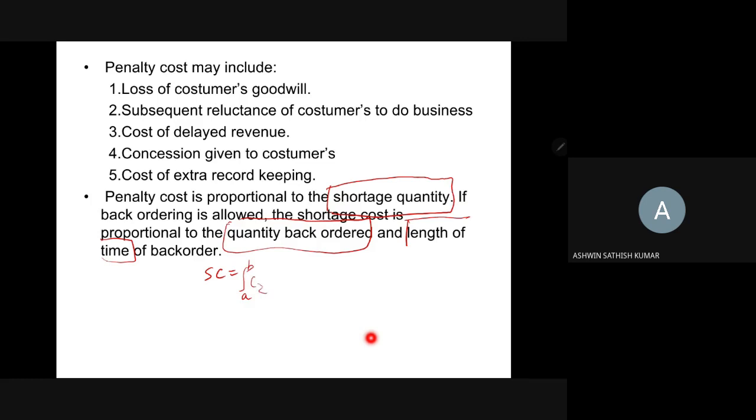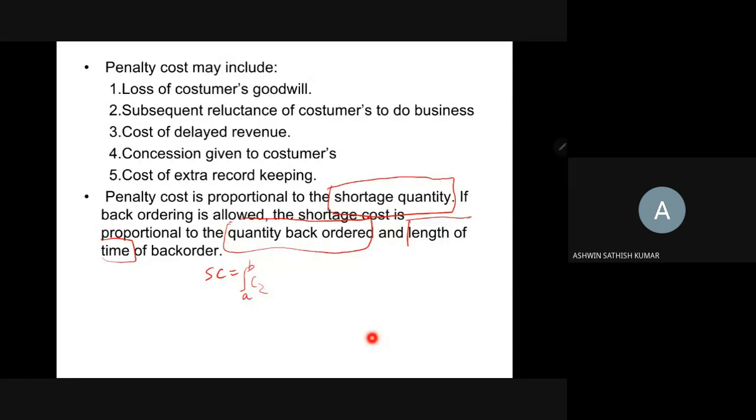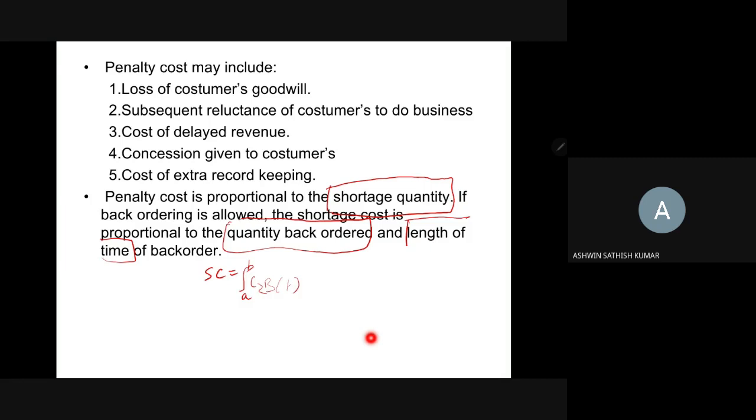Let's say C2 is the unit shortage cost for a unit item for a unit period, and then we have the shortage amount B(t), and then we have dt. It means we have a shortage of B items for the period t.